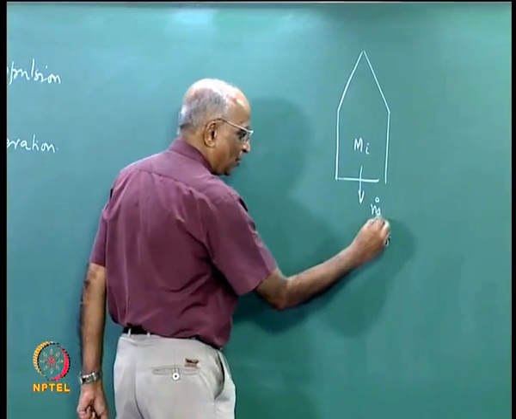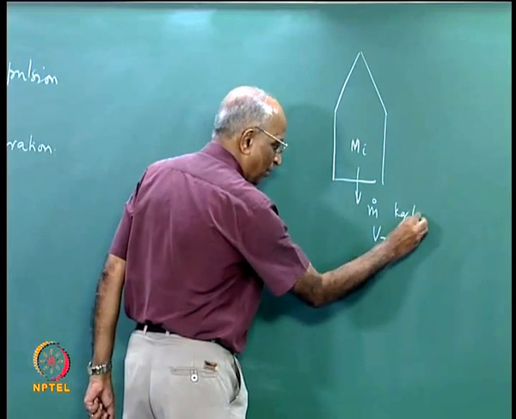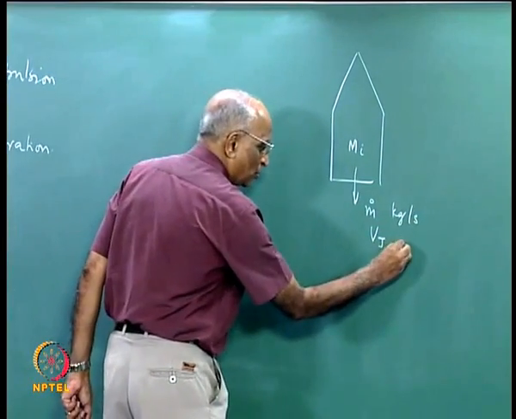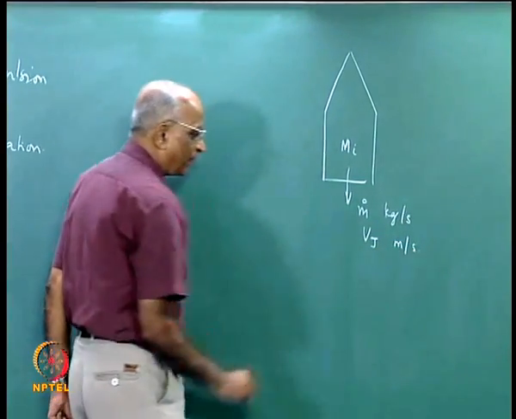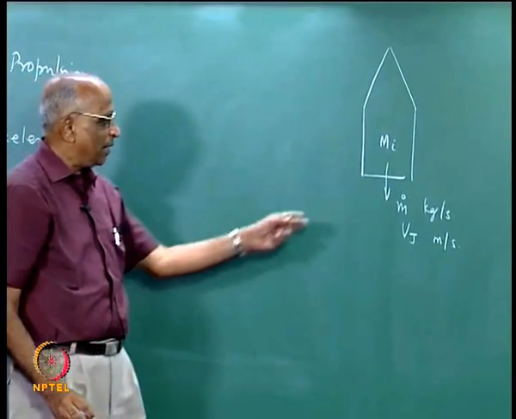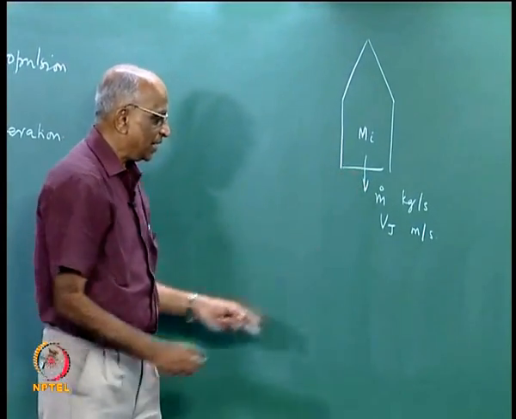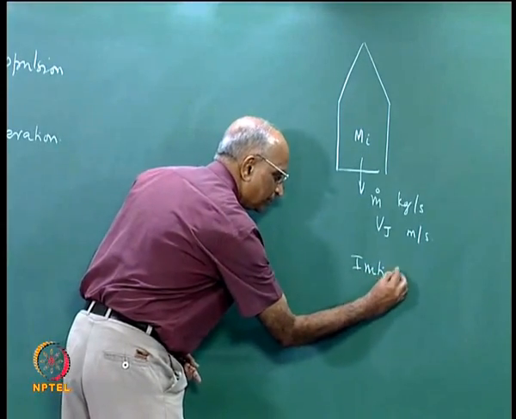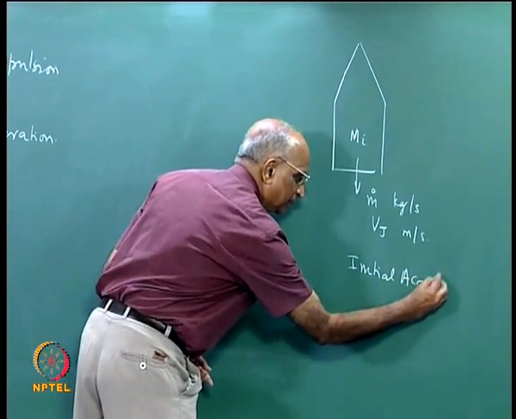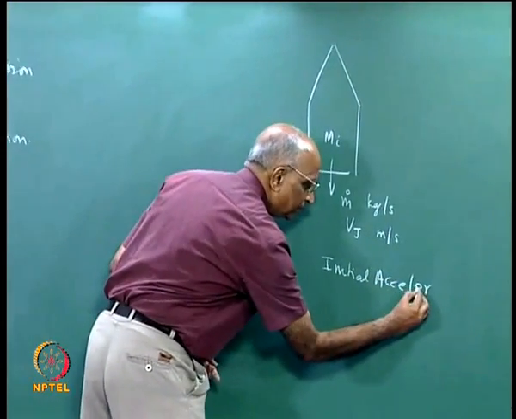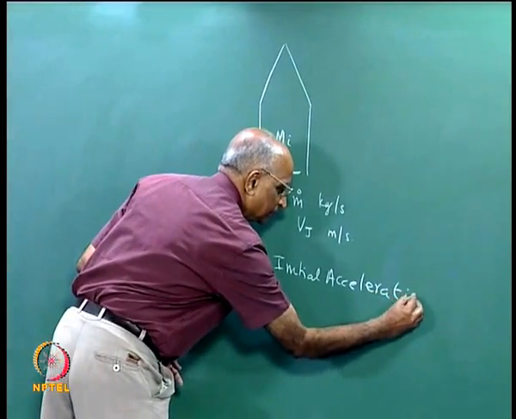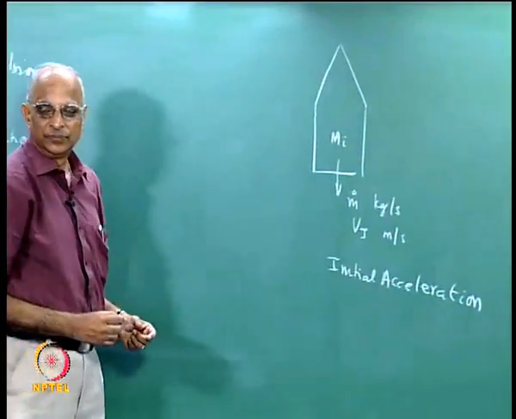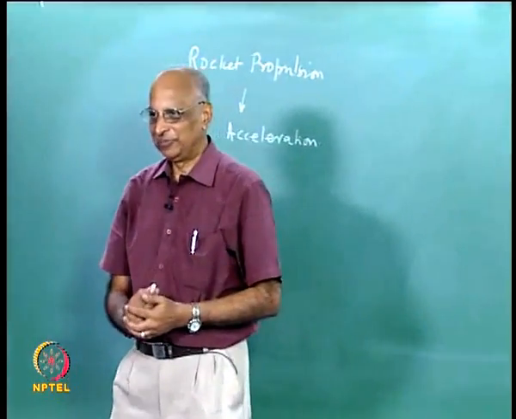Let us put the units together. M dot so much kilograms per second, Vj so much meters per second. I want us to be able to calculate the initial acceleration of this rocket. How do I do it?